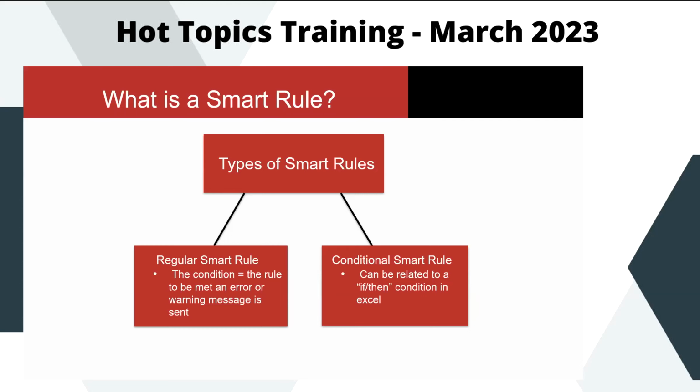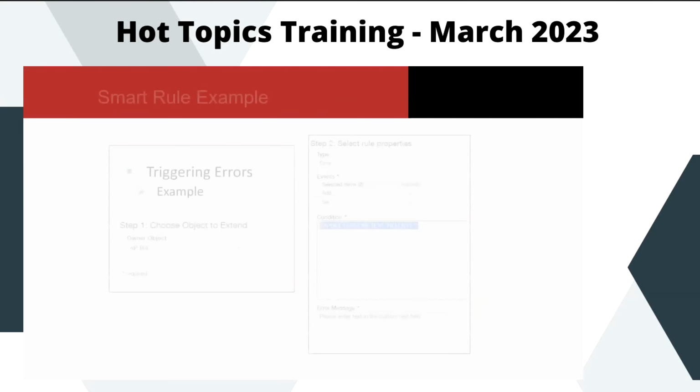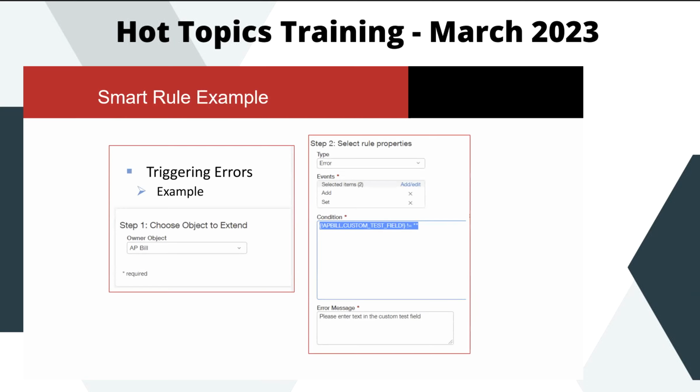One of the examples that I will give you can be a smart rule that triggers an error. So going into those steps, for step one, you would choose the object to extend that error message to. So the owner object will be an AP bill.